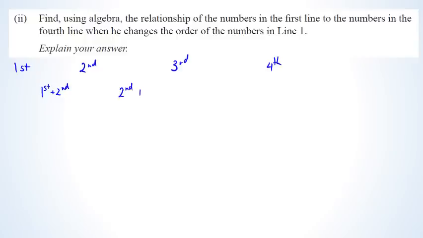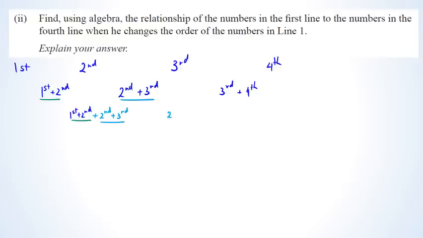Then here I'm going to have second plus third, third plus fourth. Then I have first plus second, which is this number, plus the second number and the third number.